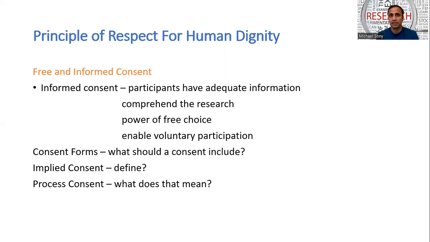You need to ask for consent: can I show the images which may be disturbing to you, but this is part of the study. So it's not only that you take the consent once for the study, but at various processes of qualitative or quantitative research, consent should be taken.